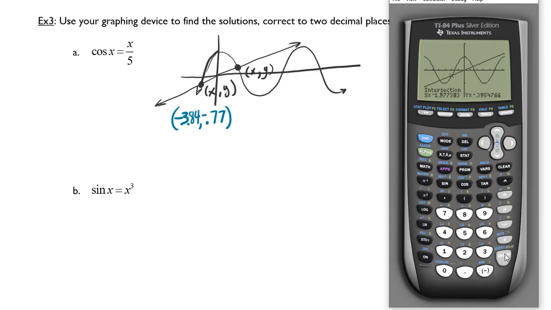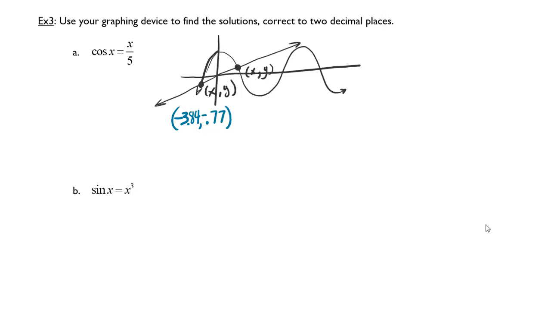The next intersection point is at negative 2, if we round, negative 2.00, and negative 0.40.